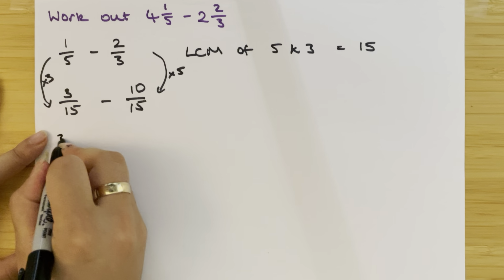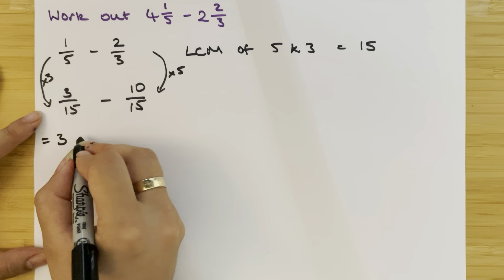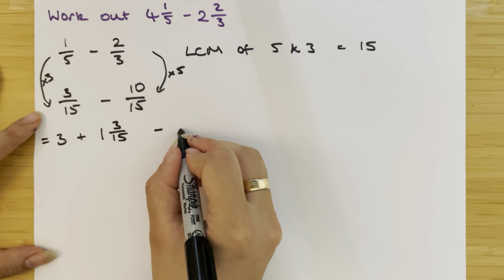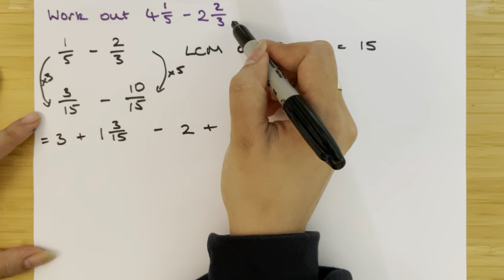So that will look like: is equal to 3 plus 1 and 3/15, take away 2 plus, not 2/3, 10/15. Okay, and this takeaway is taking away the 2 and this, so I'm just going to put in brackets. Or I could have just written another minus here without the brackets.